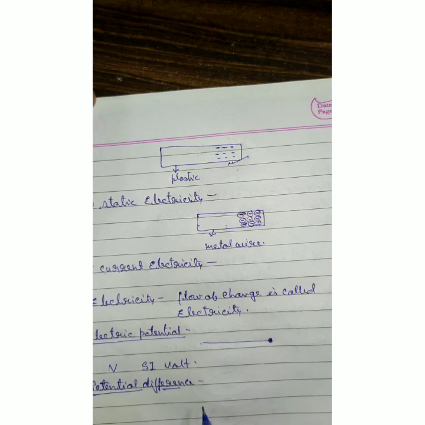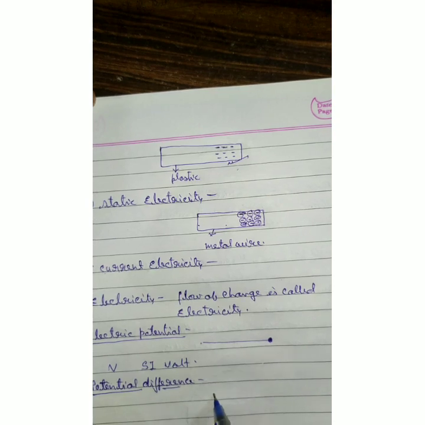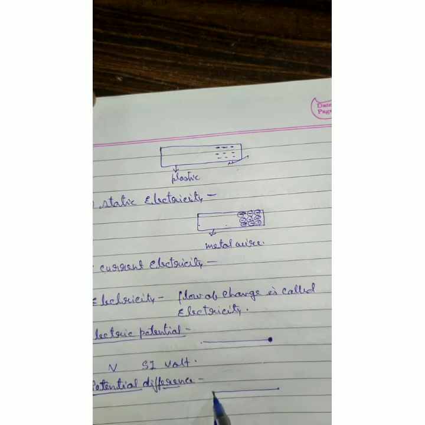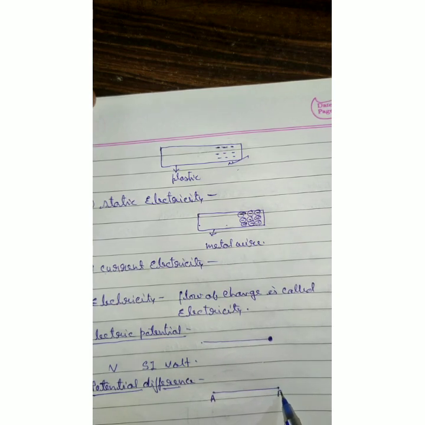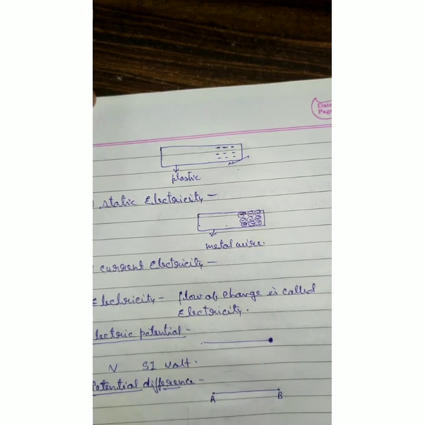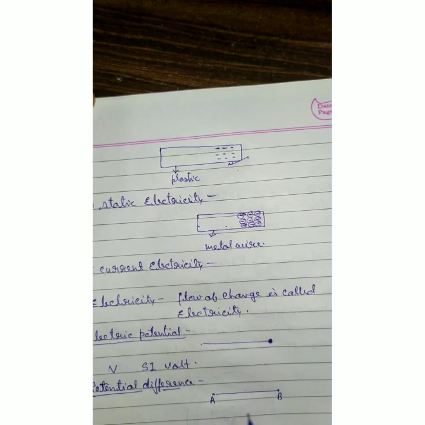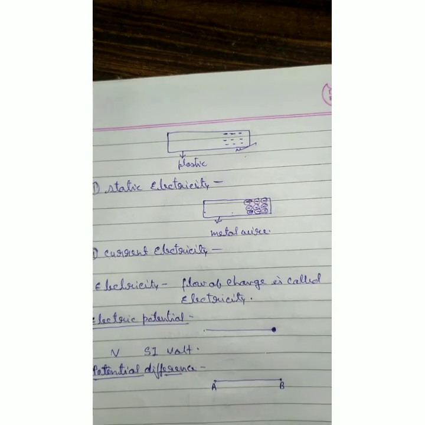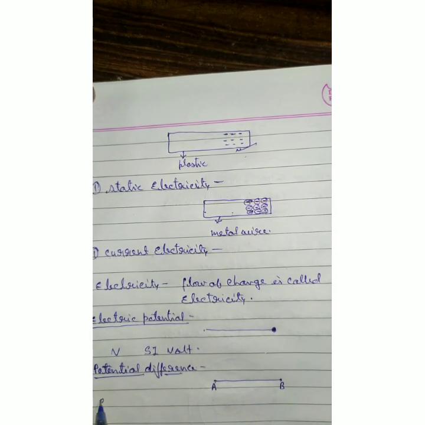The work done by a unit charge in an electric field on moving from one point to another. Means if any charged particle moves from one point to another, then the work done by a unit charge is known as the potential difference between these 2 points.